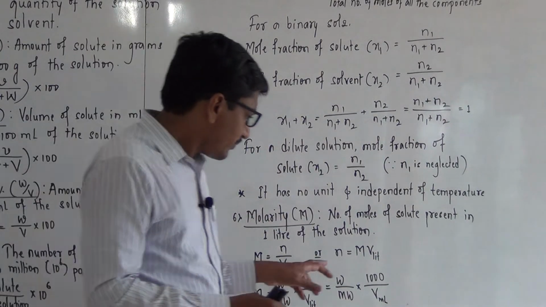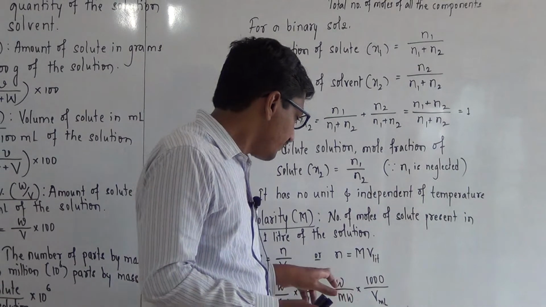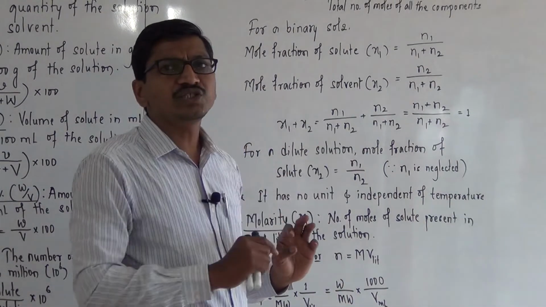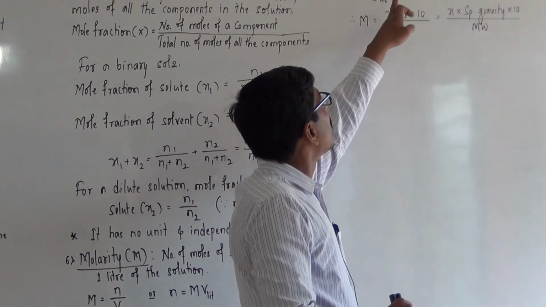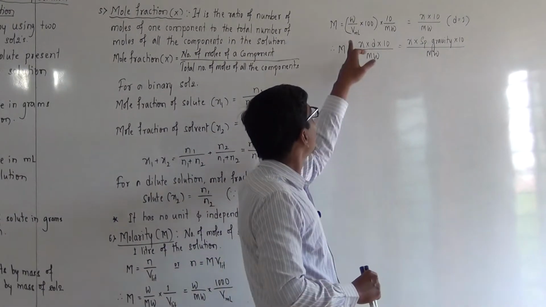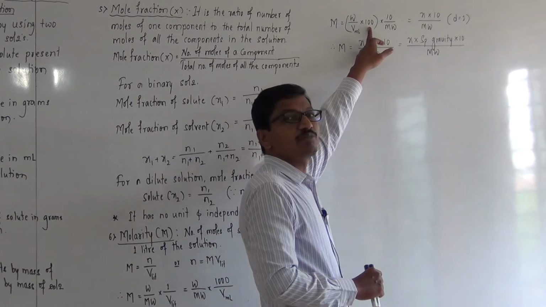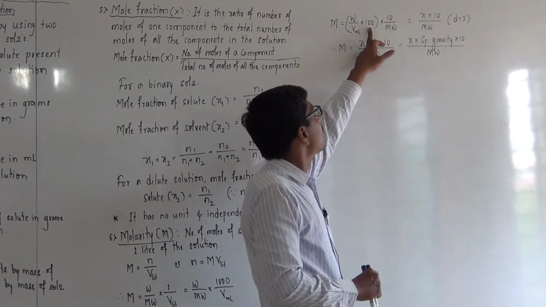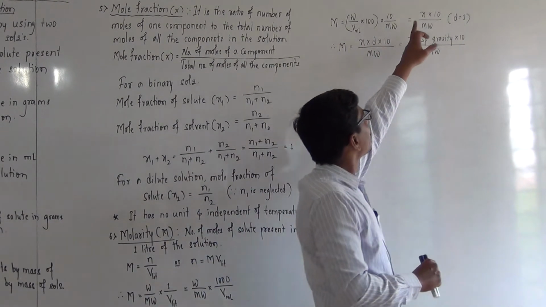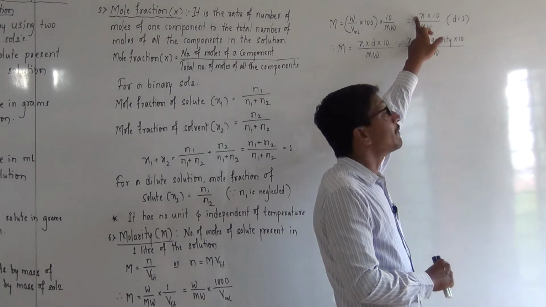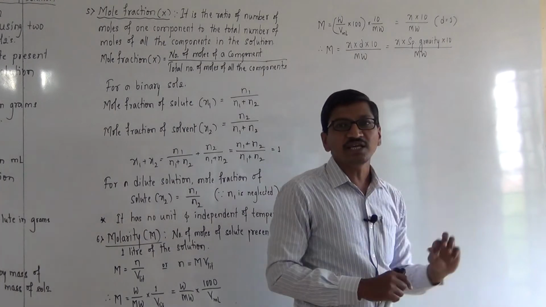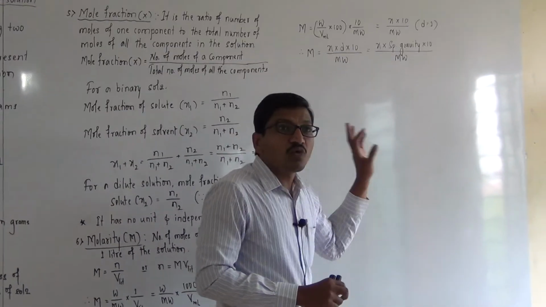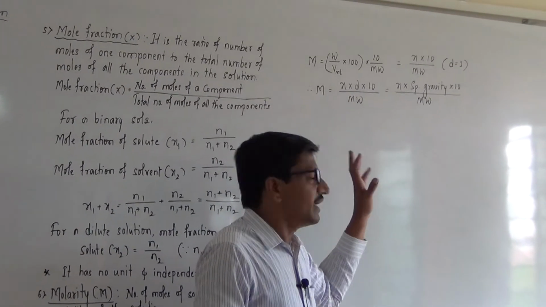And from this expression it is rearranged to mass by volume percentage. W by V ml into 100 is nothing but mass by volume percentage, and it is denoted by X, that is solubility. Molarity is X into 10 divided by molecular weight, and density is equal to 1 in this case.